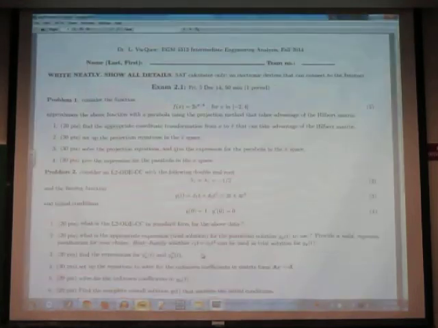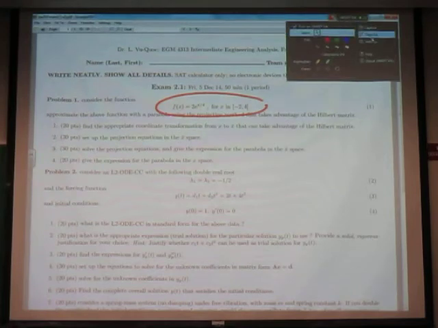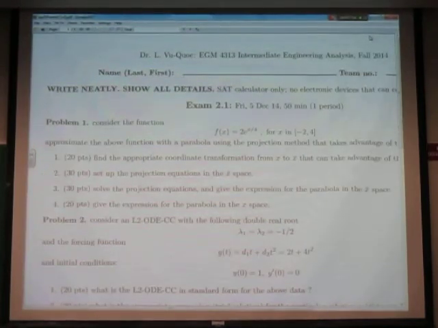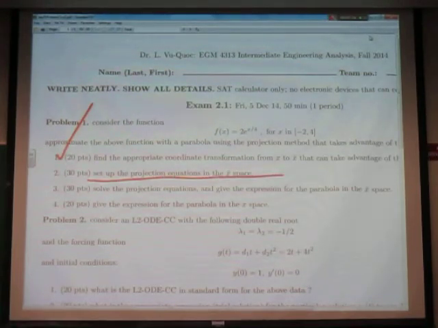So essentially, this is a review because I did go through this, and you also see it in problem 5.1. Question 1 is done, set up the projection in x bar space. That's question 2.